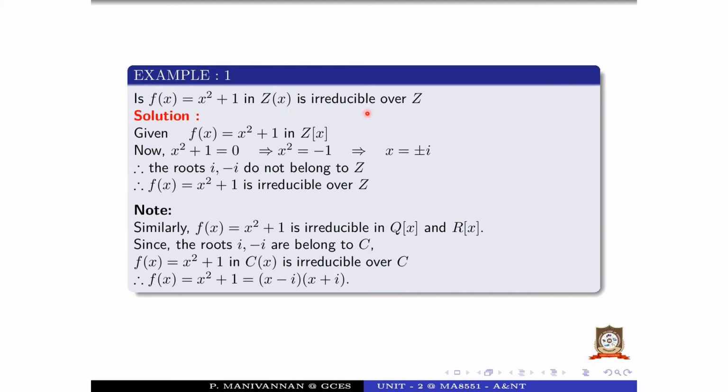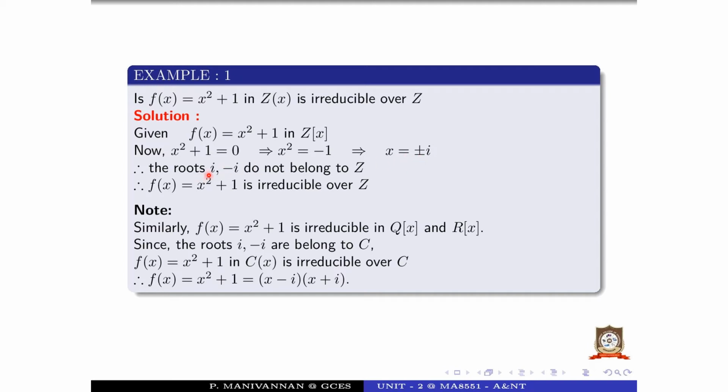Then the example: f(x) equal to x squared plus 1 in Z[x] is irreducible over Z. Irreducible means not reducible; it is prime. Given f(x) equal to x squared plus 1 in Z[x], the coefficients are in Z, that means integers. Now, x squared plus 1 equal to 0, then what are its roots? x squared equal to minus 1, which implies x equal to plus or minus i.